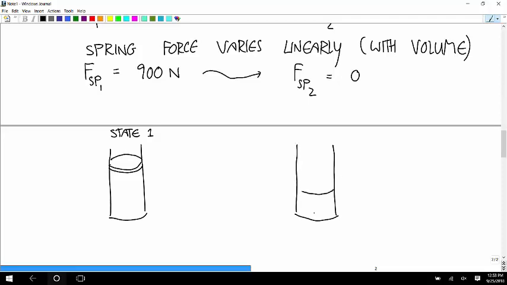And then in state 2, we have a smaller volume. Here's the air. Here's the air. The force is 900 in the first state and 0 in the second state.